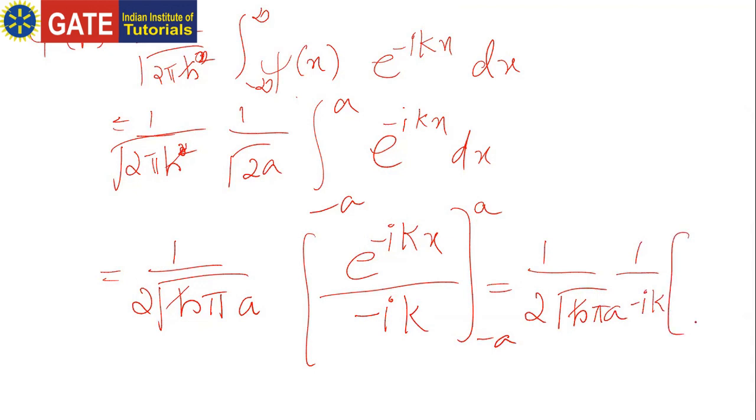This gives sin ka by k root of pi a h cross.